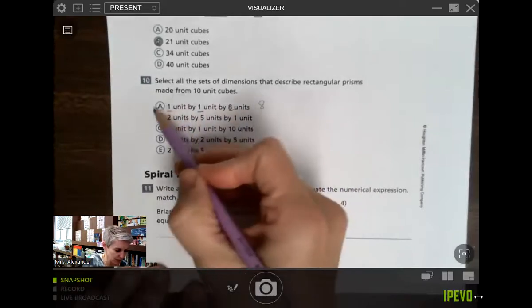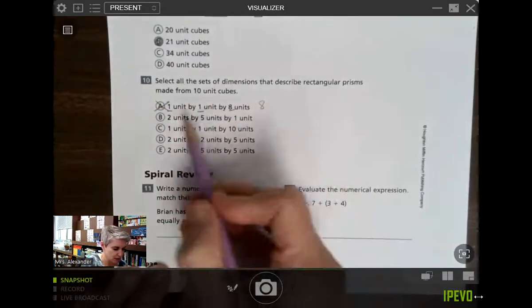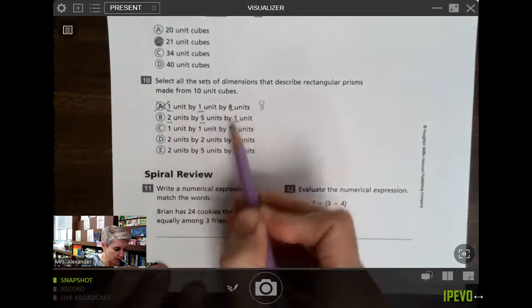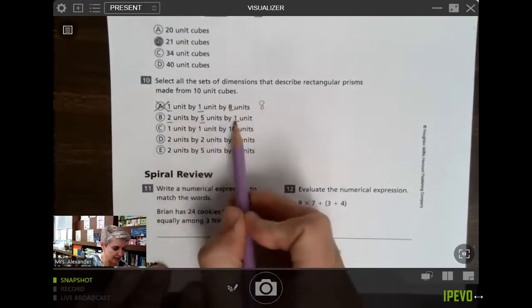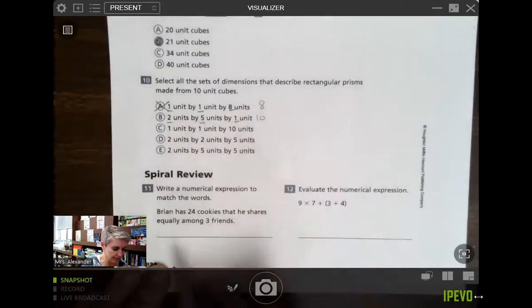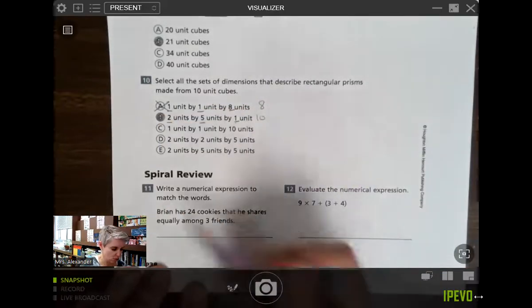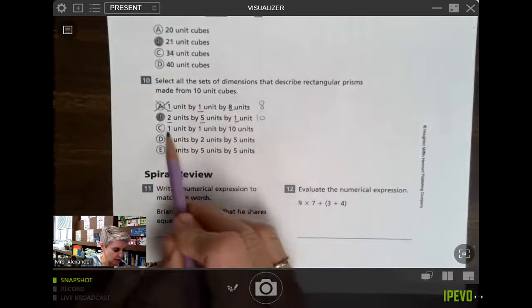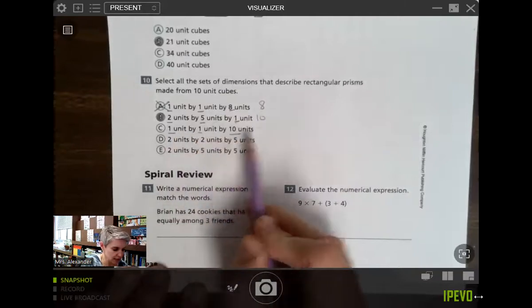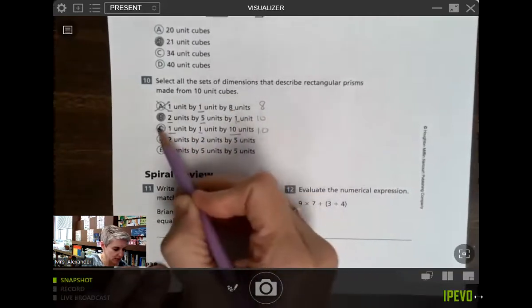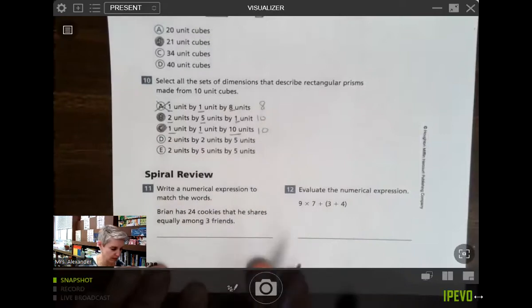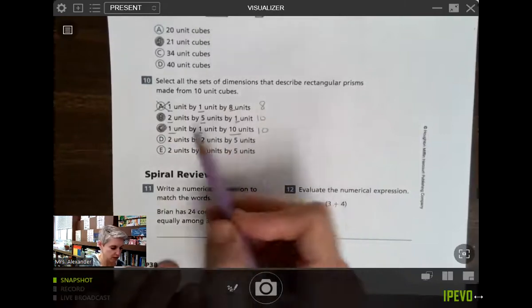So it can't be A. 2 by 5 by 1, 2 times 5 is 10, times 1 is 10. B is a good choice. There's 1 by 1 by 10. 1 times 10. There's another 10 unit cubes. So B and C so far.